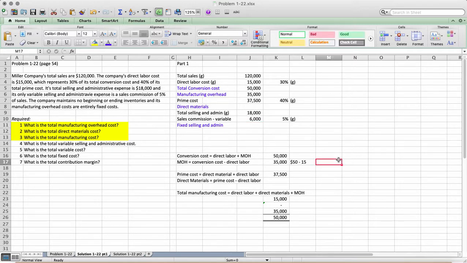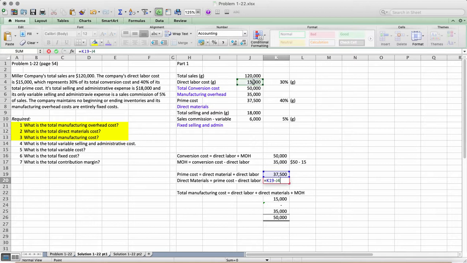Number 2 is, what is the total direct materials cost? Well, we know that the prime cost is equal to direct materials plus direct labor. So if we know what the prime cost is, we can take that amount, subtract direct labor, and now we know that direct materials are 22,500.